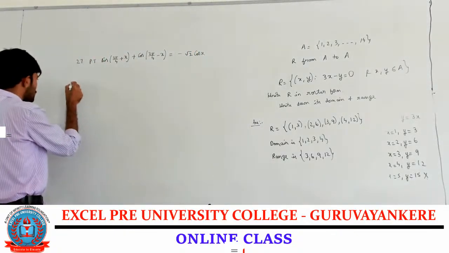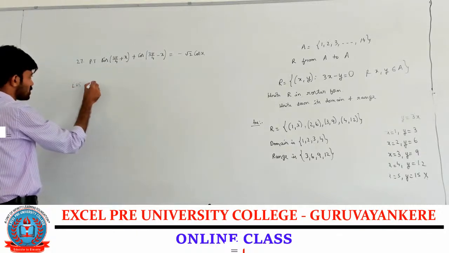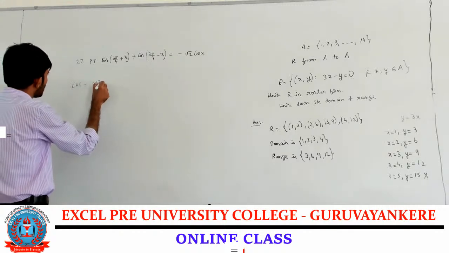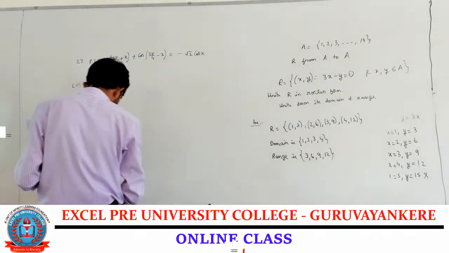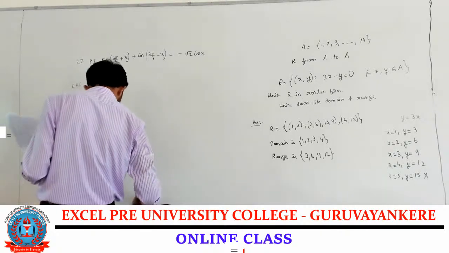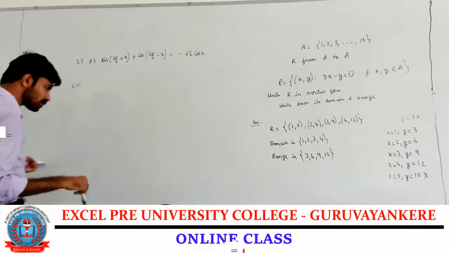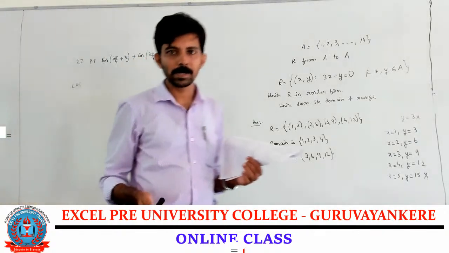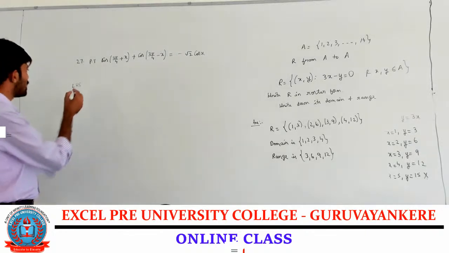Starting from LHS, cos of (3 pi by 4 plus x) is cos 3 pi by 4 into cos x. Write the formula.